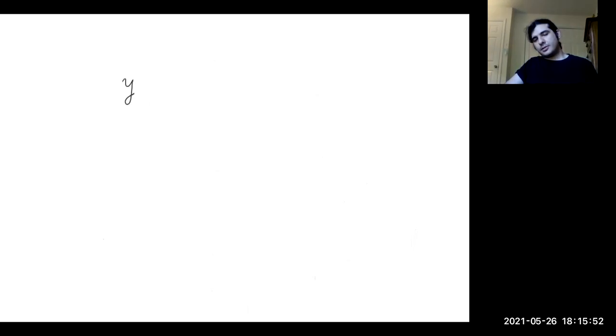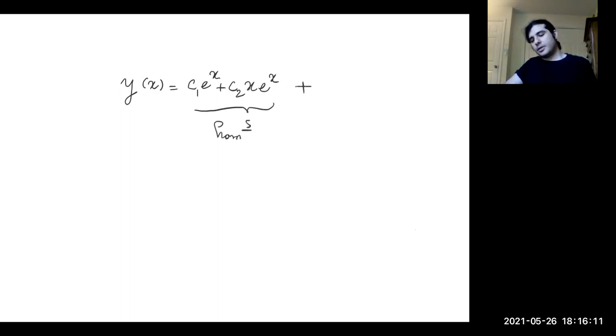So the general solution to the equation would be what we found before, c1 e to the x plus c2 x e to the x, the solution to the homogeneous part, plus what we call a particular solution, just one solution to the non-homogeneous part. That would give you the general solution to the non-homogeneous equation.